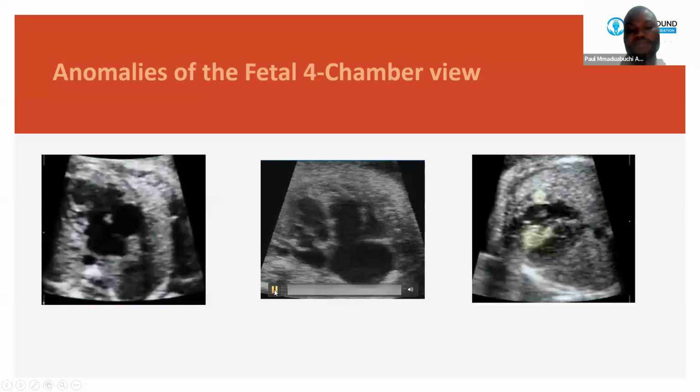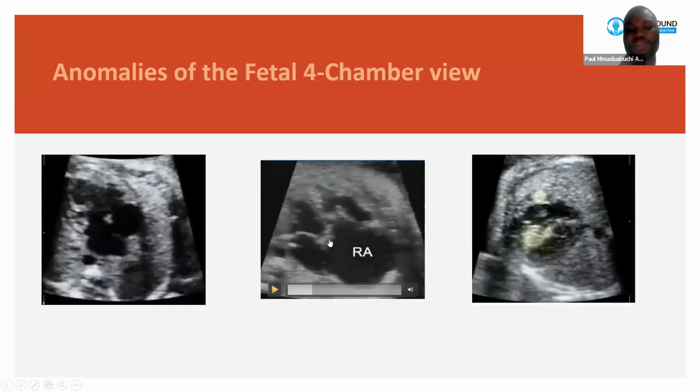And here you have what we call the Ebstein anomaly, where the tricuspid valve is placed higher than normal. It encroaches to the apical part of the right ventricle.